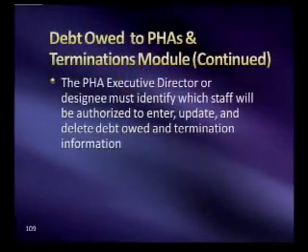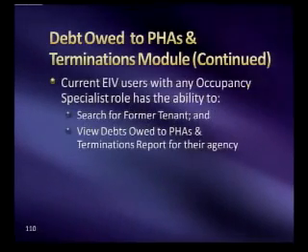So your PHA executive director has to basically make a determination who at your agency is going to enter all this lovely information. Current EIV system users, if you have any occupancy specialist role, you will automatically be able to search the former tenant module to find anybody who may owe a debt.